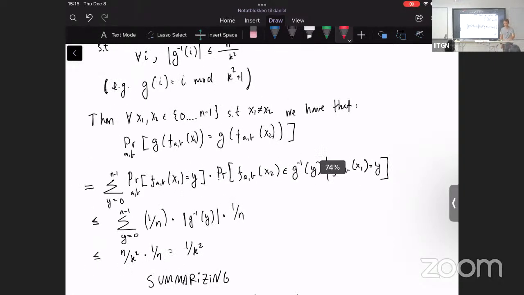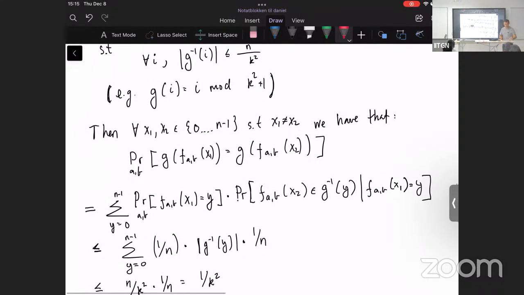So the first and the second line are the ones we're comparing right now. The probability that x1 and x2 go in the same bucket is the sum over all integers y that x1 could be mapped to by f, of the probability that x1 gets mapped to y, times the probability that x2 gets mapped to the same bucket that y gets mapped to, given that x1 got mapped to y.